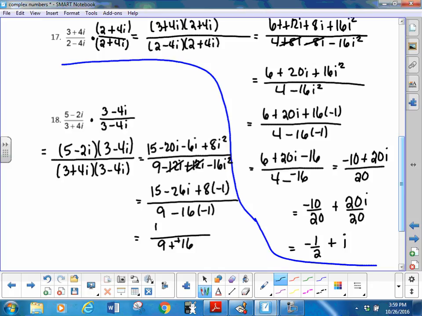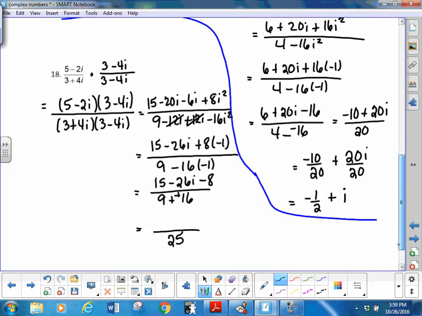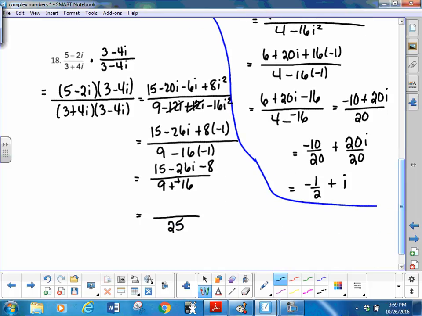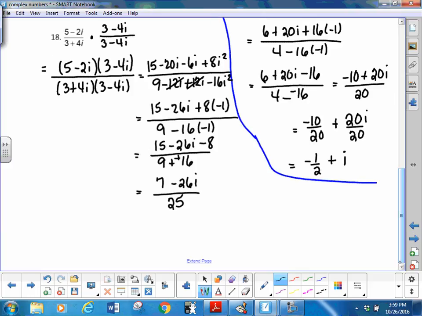So that gives me 15 minus 26I minus 8. 15 minus 8 is 7, and then minus 26I. This looks pretty good. All I have to do is separate it. So I have all of my real first. And I know that's an improper fraction. I'm okay with that.